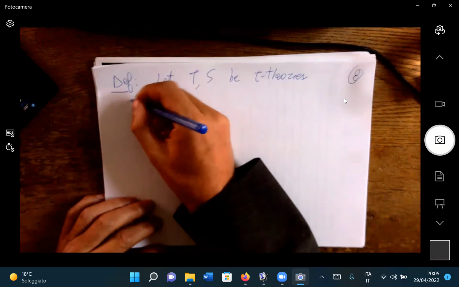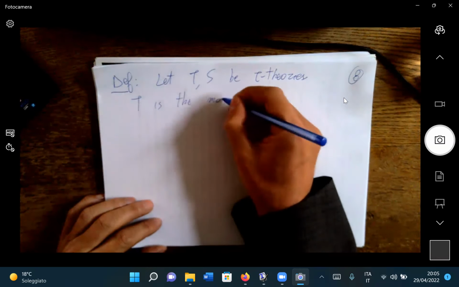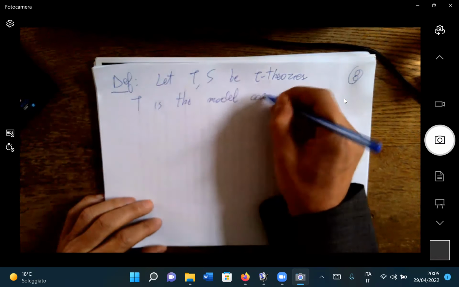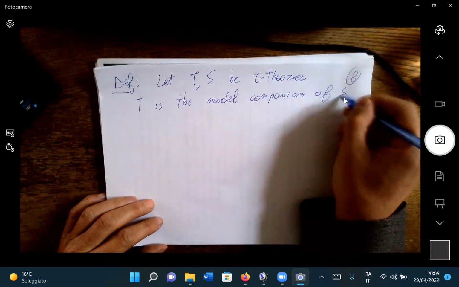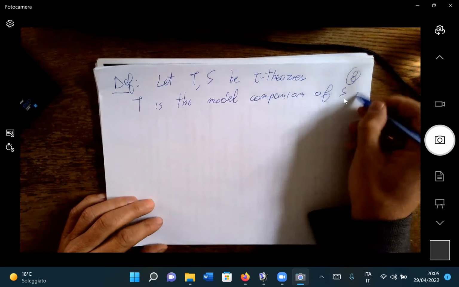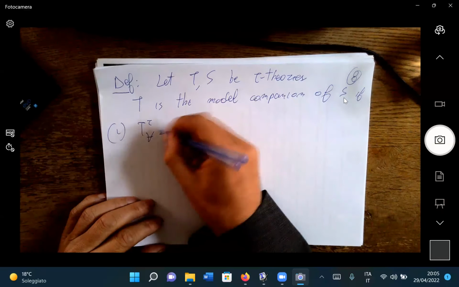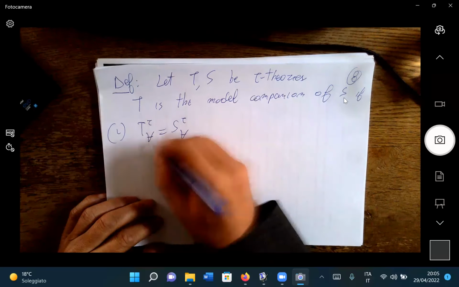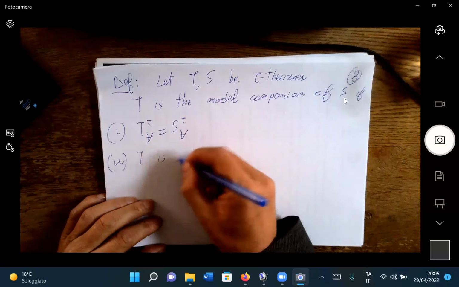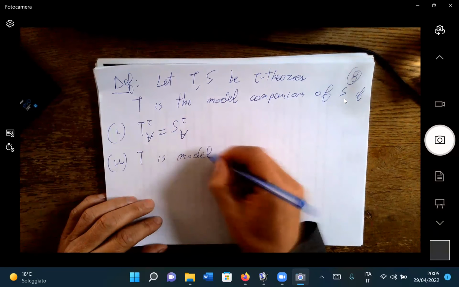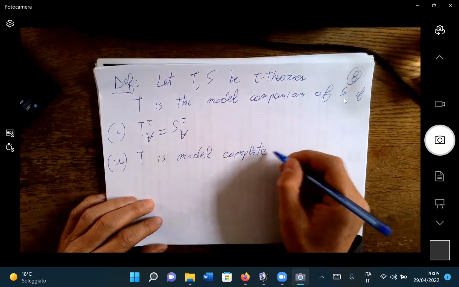So T is the model companion of S if: one, T tau for all is equal to S tau for all, so I'm just working with the universal sentences. Two, T is model complete. I have not defined this notion, and I'm now giving a definition.